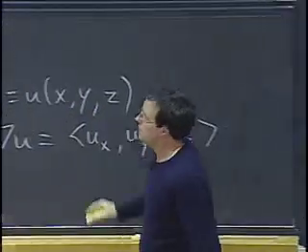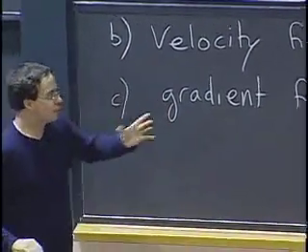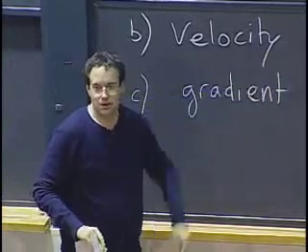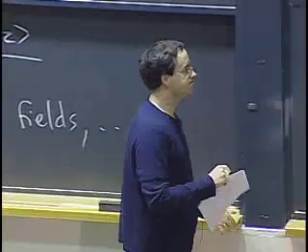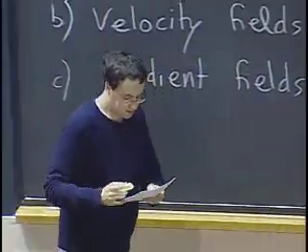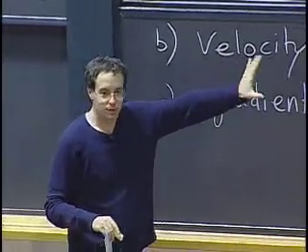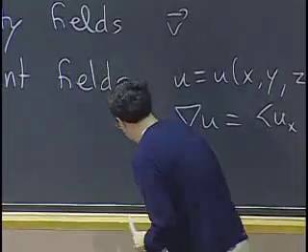For example, the electric field or gravitational field are given by the gradient of the gravitational or electric potential. So these are not different cases; there's overlap. Anyway, hopefully you're convinced that you should learn about vector fields. What are we going to do with them? Well, let's start with flux.